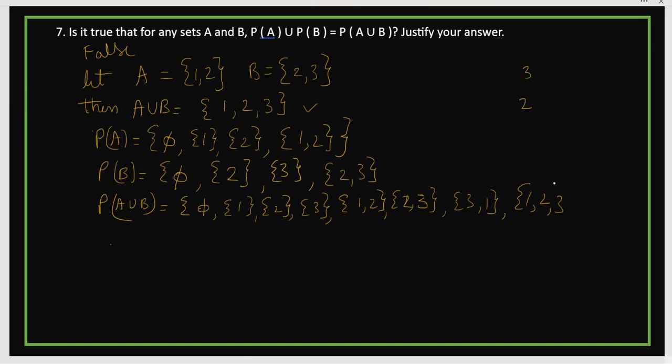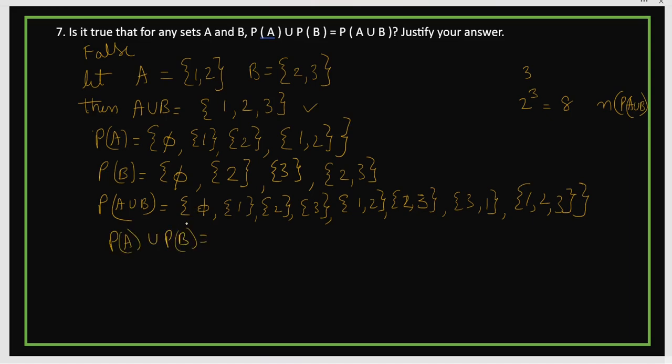That is true. 3 elements are there in A union B, so 2 raised to 3, 8 elements will be there in the power set. Right? That's it. Now, what is PA union PB?